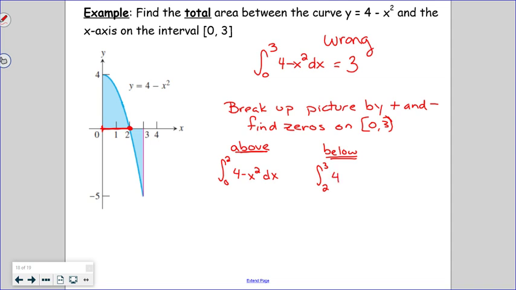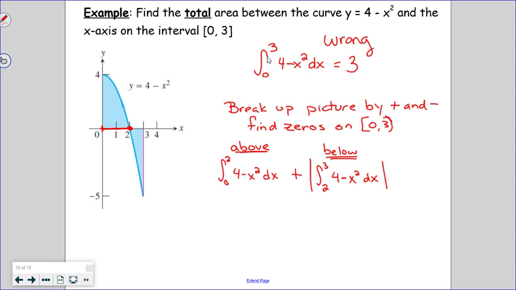But if I do this, what kind of an answer am I going to get? If I do the integral from 2 to 3, what kind of answer is that going to be? Negative. So I don't want that. I can do one of two things. I can either subtract this knowing that it's going to be negative, or just absolute value it. We're just totaling up these areas.